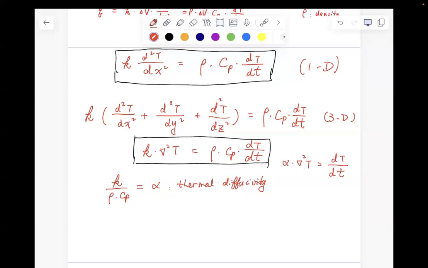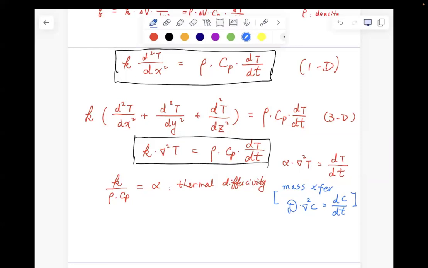And this is actually similar to the mass transport scenario. If this is for mass transfer, then we would have the diffusivity times the concentration second derivative, the gradient, equals the change of the concentration with respect to time.